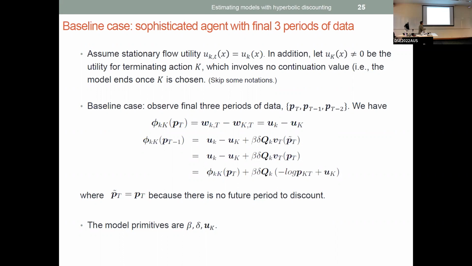In the baseline case, suppose we observe the final 3 periods of data denoted by the P's: P_T, P_T minus 1, and P_T minus 2.